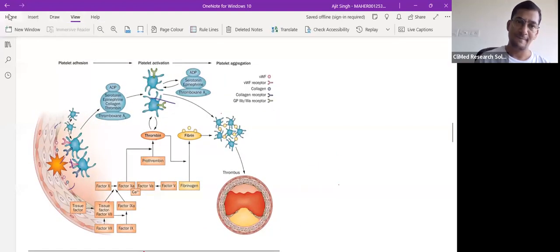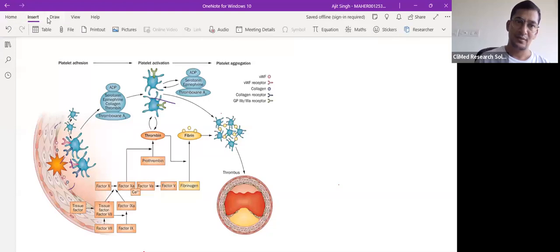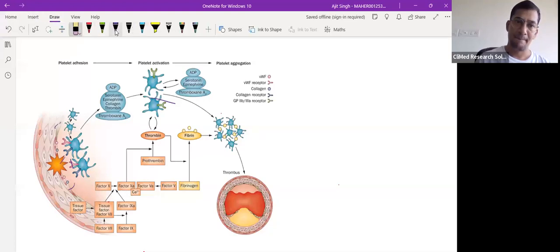Tell me, guys. At the platelet receptor site, inhibit prothrombin. No, one by one. Let's talk about the antiplatelets. Where will these antiplatelets work?